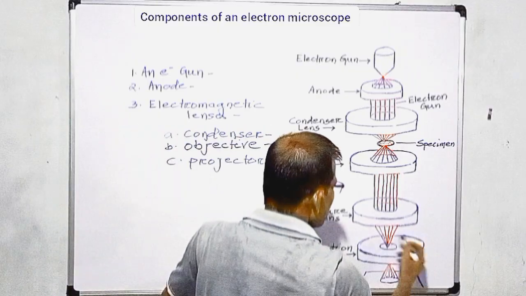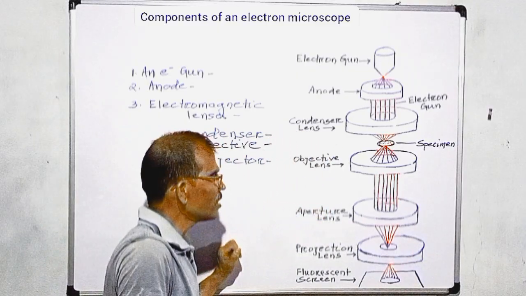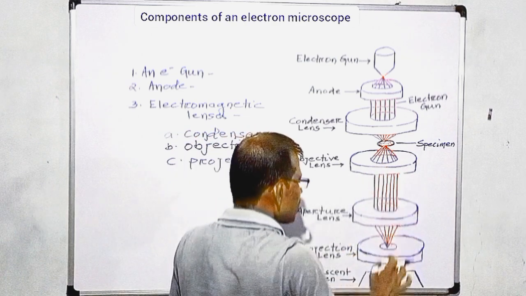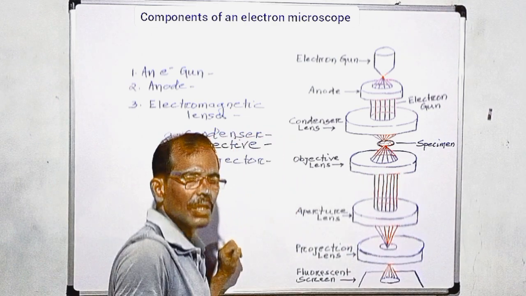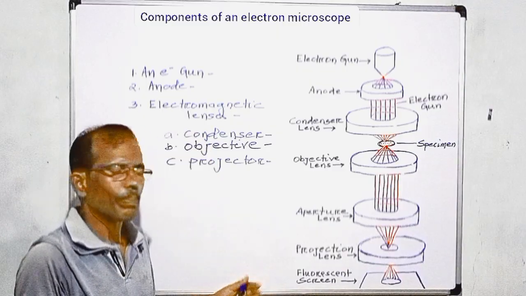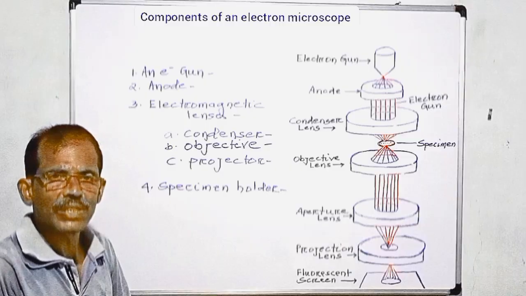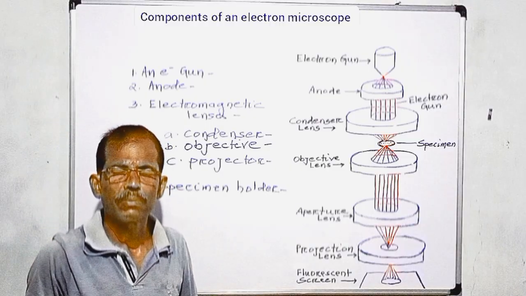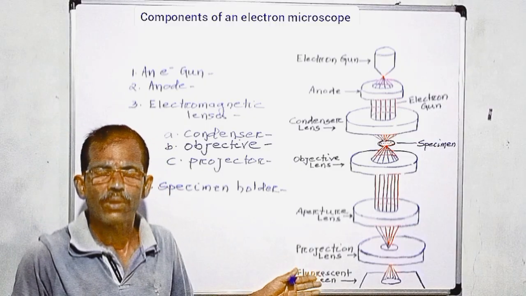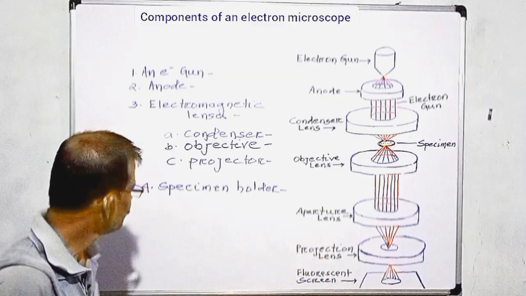This is the projection lens, which further magnifies the image formed by the objective lens and produces the final magnified image. Another component is the specimen holder. The specimen holder is an extremely thin film of carbon or colloidal supported by a metal grid.